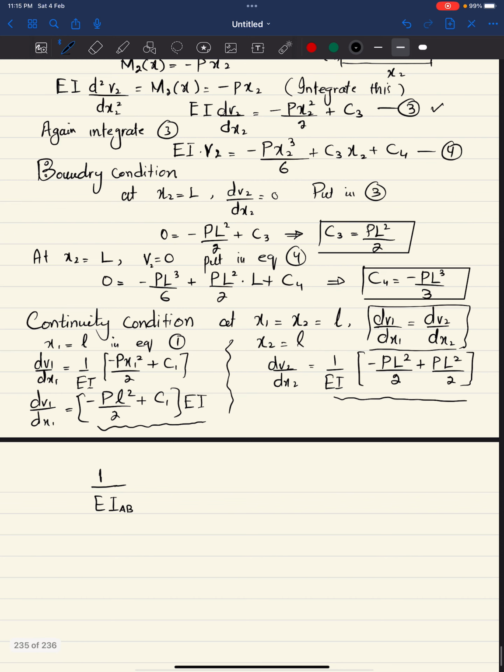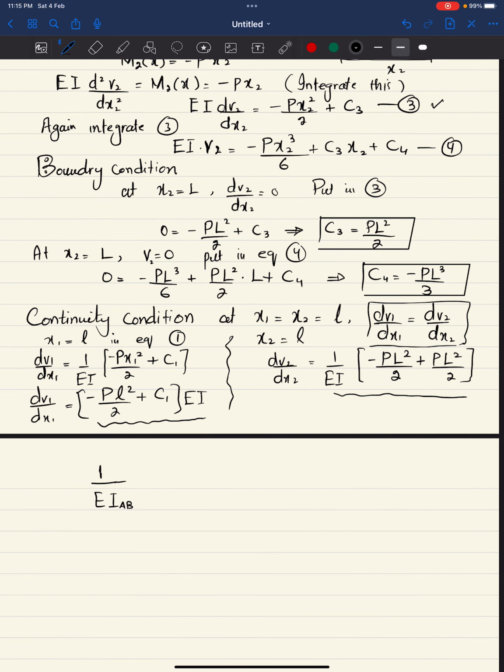So I will make a correction: the first one is for IBC, into minus P l square over 2 plus C1, is equal to 1 over EIAB into minus PL square over 2 plus PL square over 2.